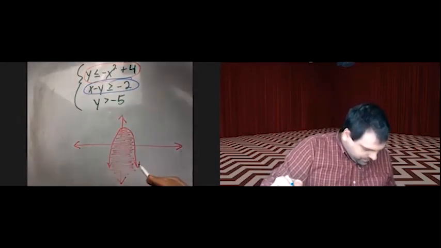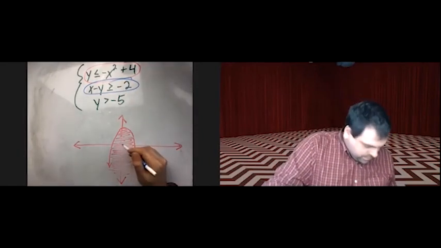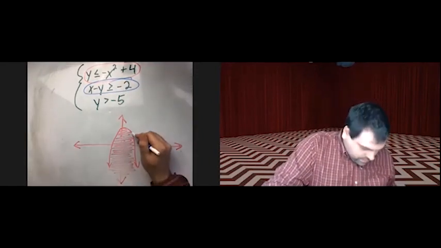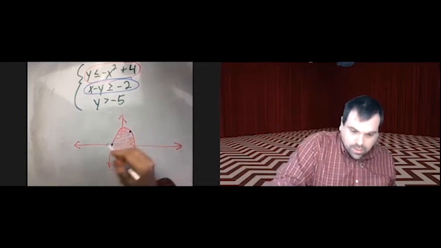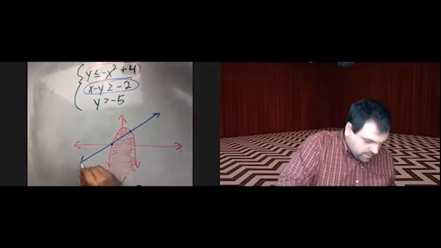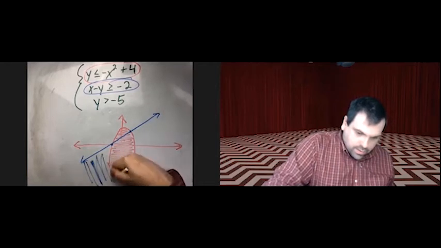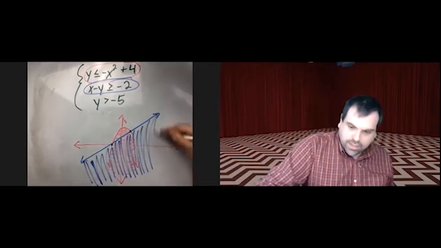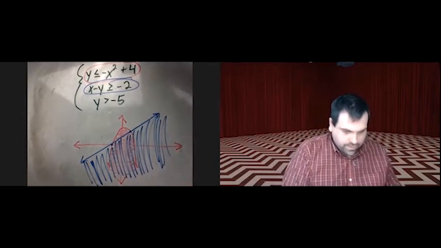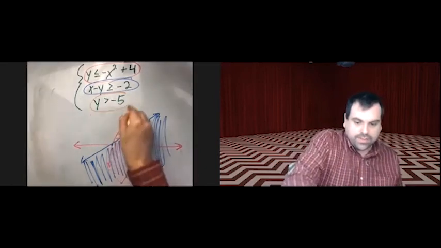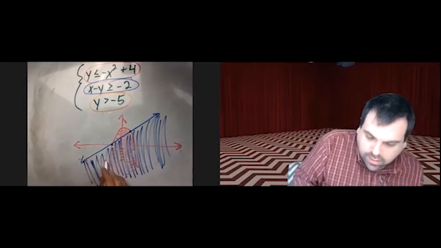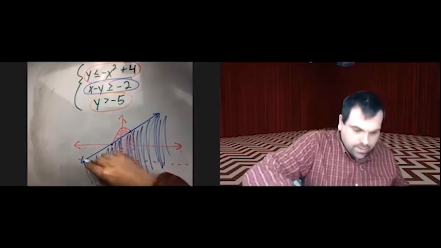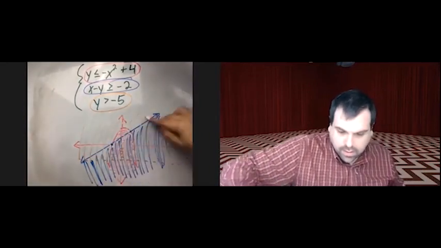This one is a line shaded down here. And this one is shaded up through.